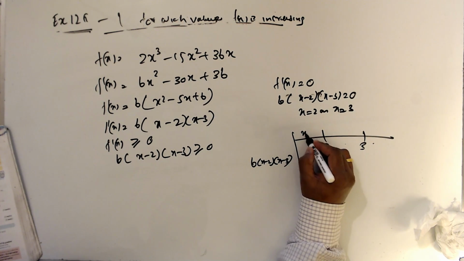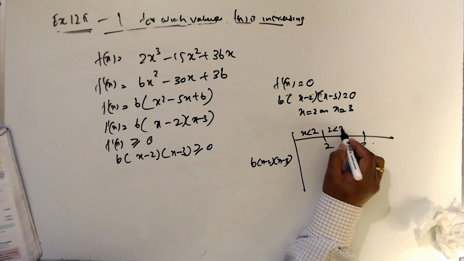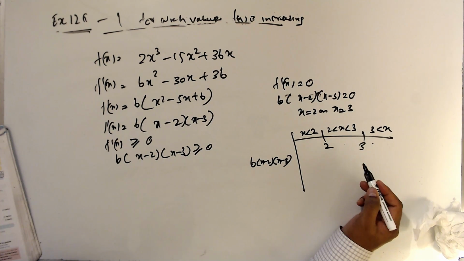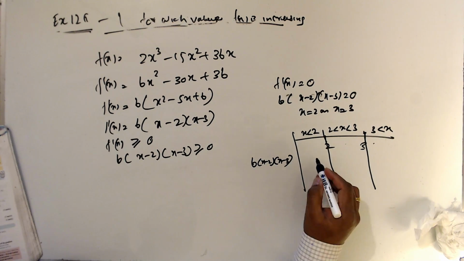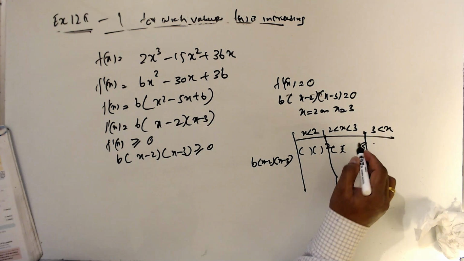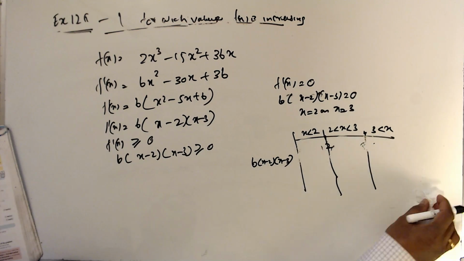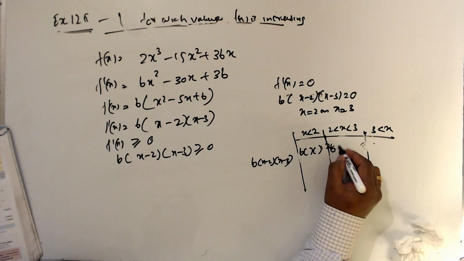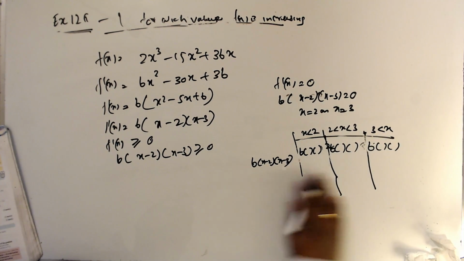I will write x less than 2, 2 to 3, and x greater than 3. Those are the 3 areas, and we will check each one.